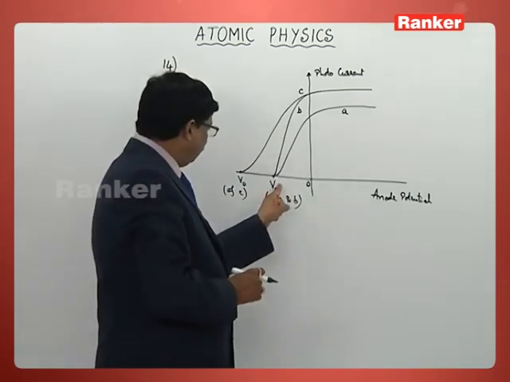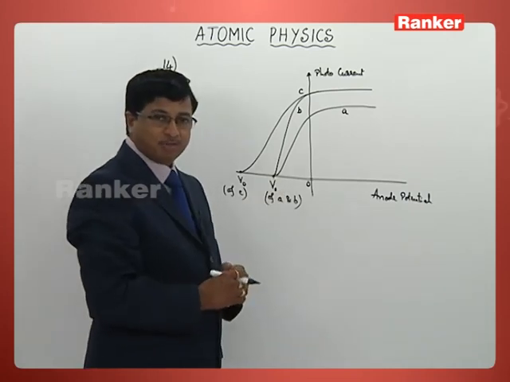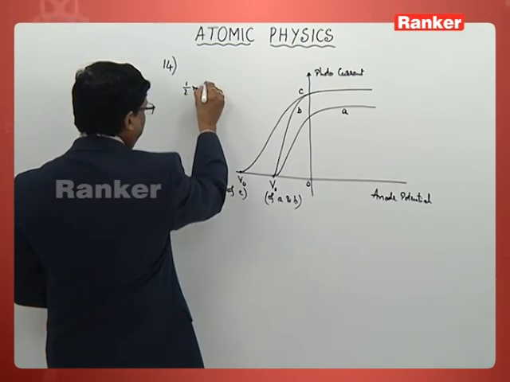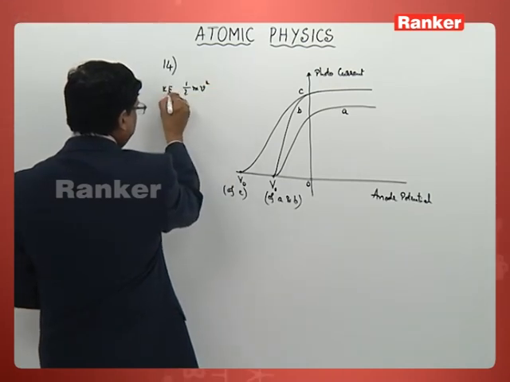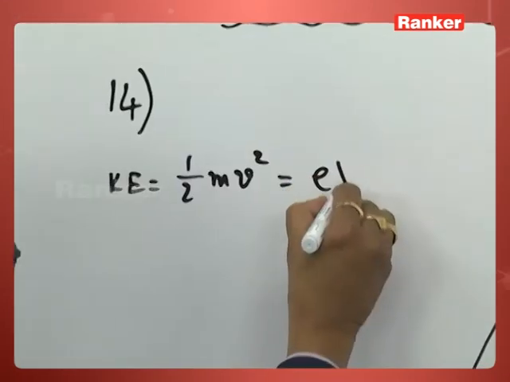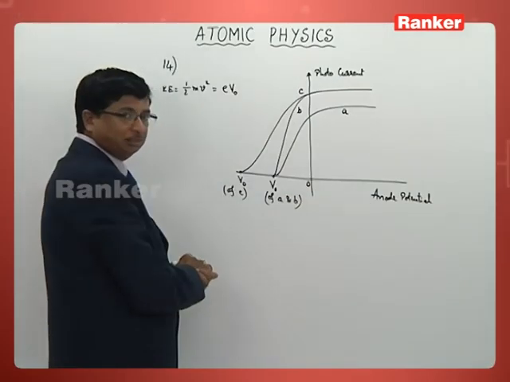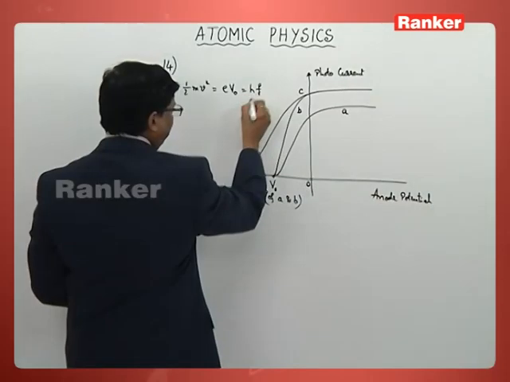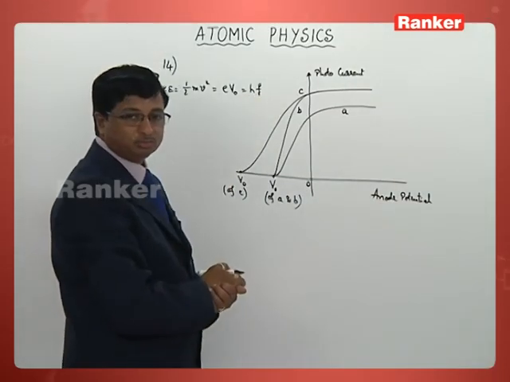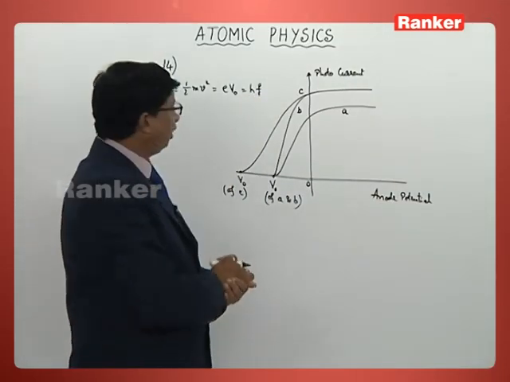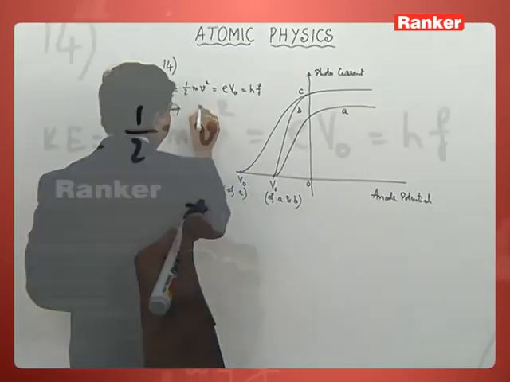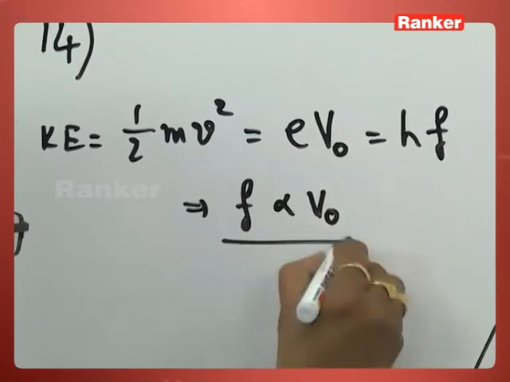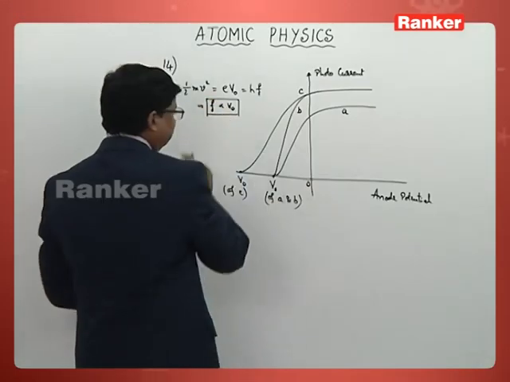If you take this stopping potential, half mv square is the kinetic energy we know, that now can be written as eV0. And the same you can even write as h nu. So what you can understand in this particular case is frequency is proportional to stopping potential.